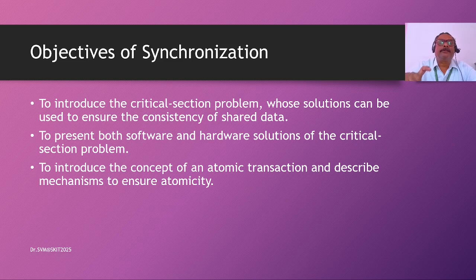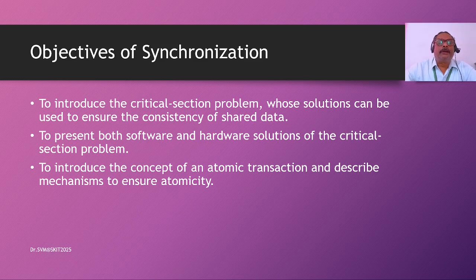So we are talking about a critical section that is usually made up of multiple lines of code, and if part of the code is executed before preempting and calling some other process, then there is an inconsistency problem.